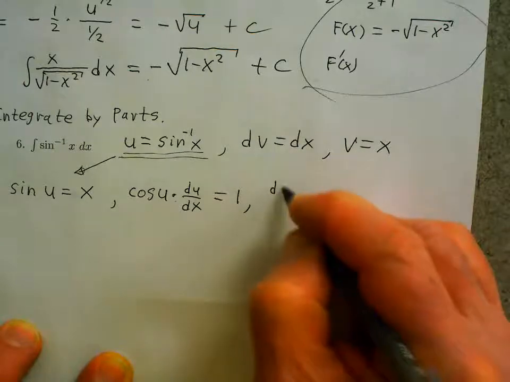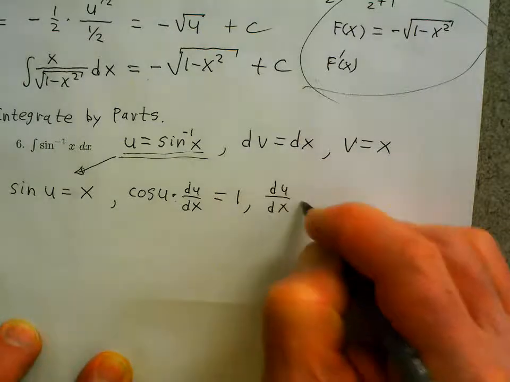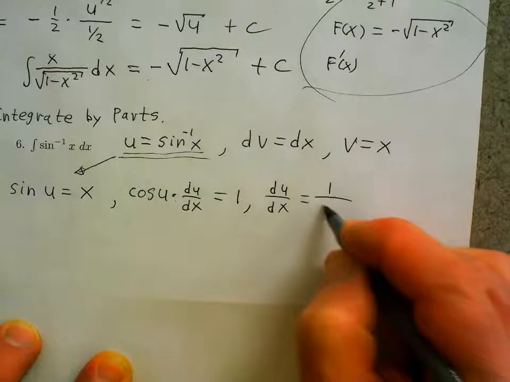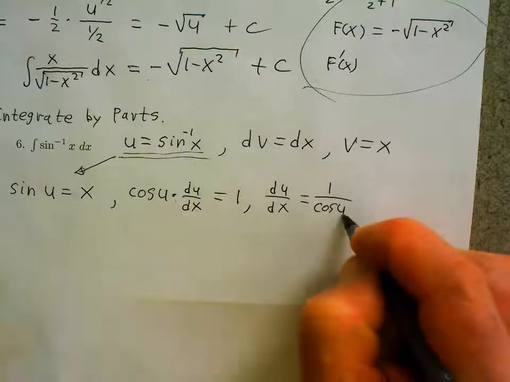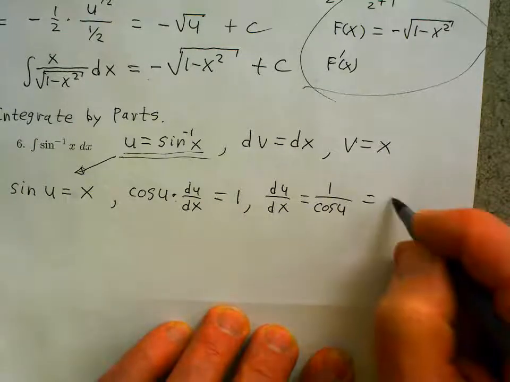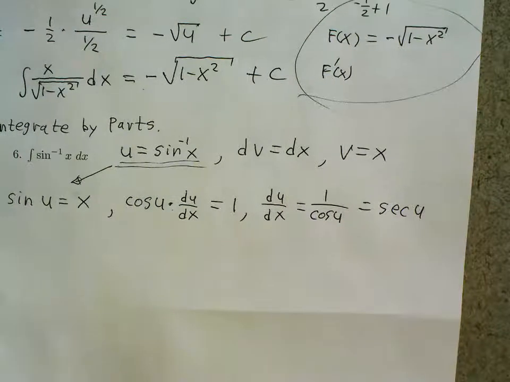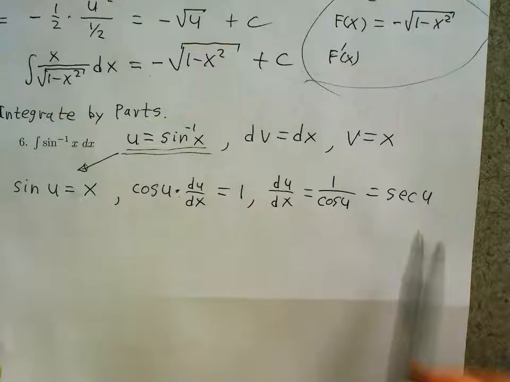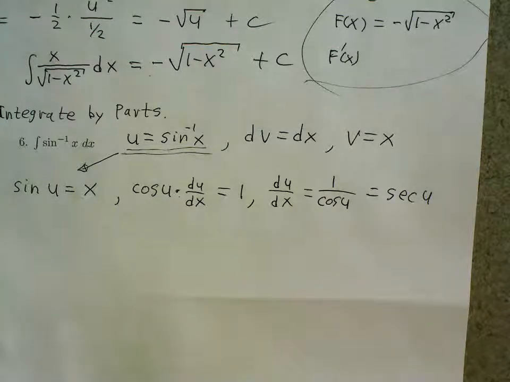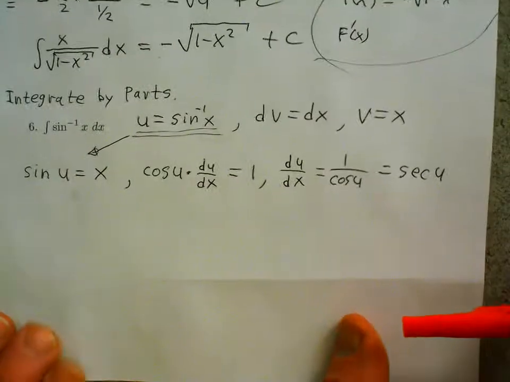And so du dx is 1 over cosine of u, which is just secant of u. We want to express secant of u in terms of x, and we have everything we need in order to do that.